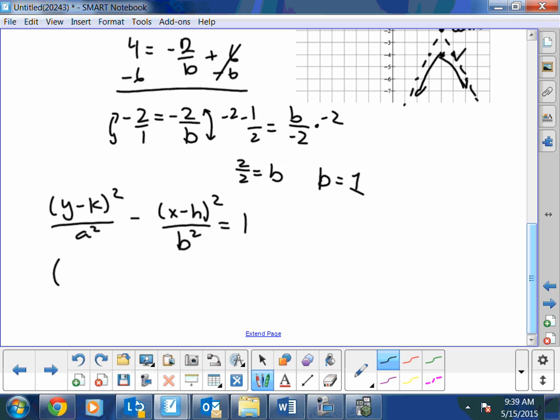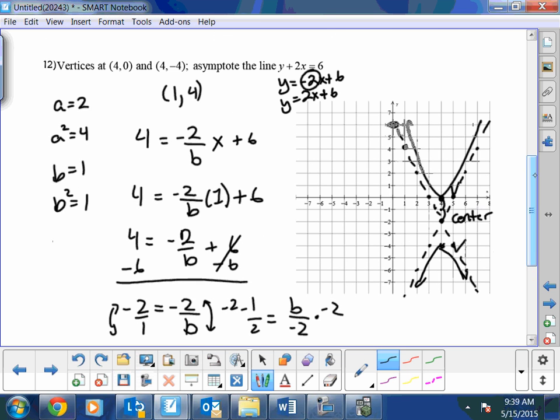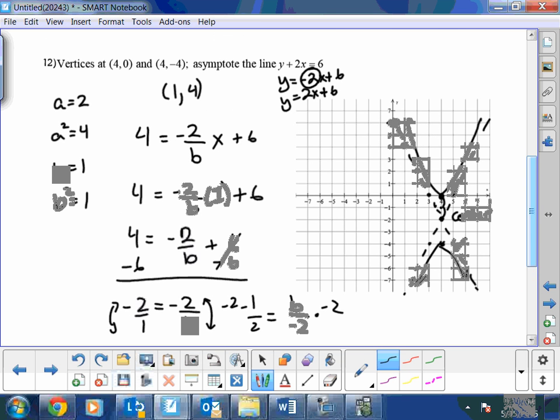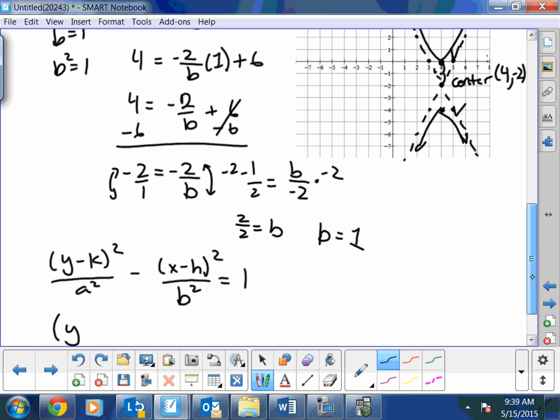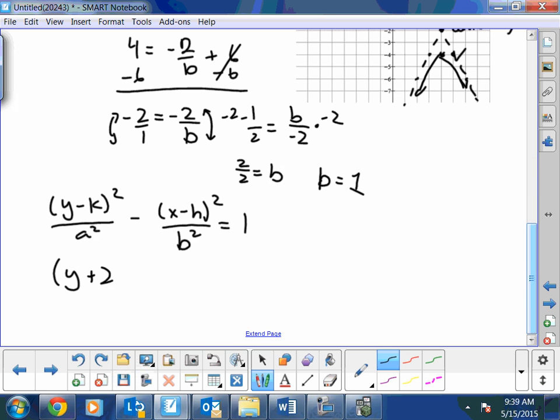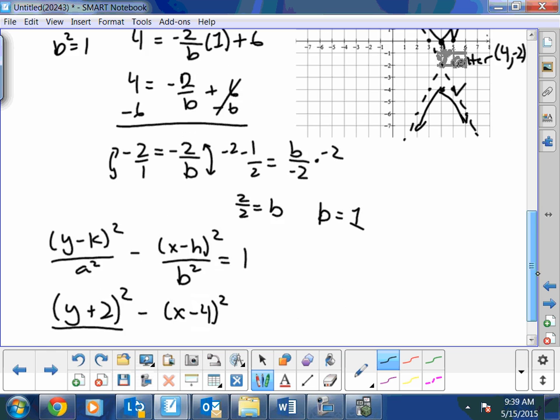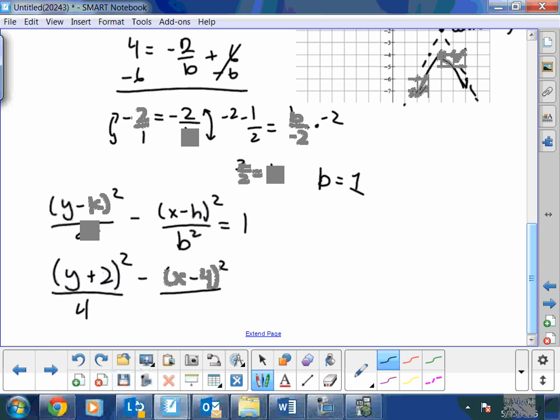We know that we have y, and our center, what was our center? 1, 4? No, center was not 1, 4. Our center was here, which was the point 4, -2, which means that this is going to be y plus 2 squared over a squared, which was 4, minus x minus 4 squared over our b squared, which we found was 1, and that's equal to 1. And we have our last equation here.